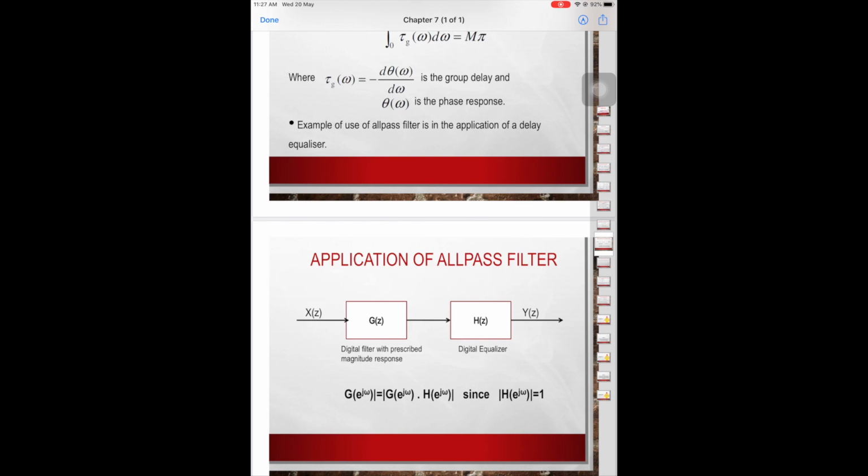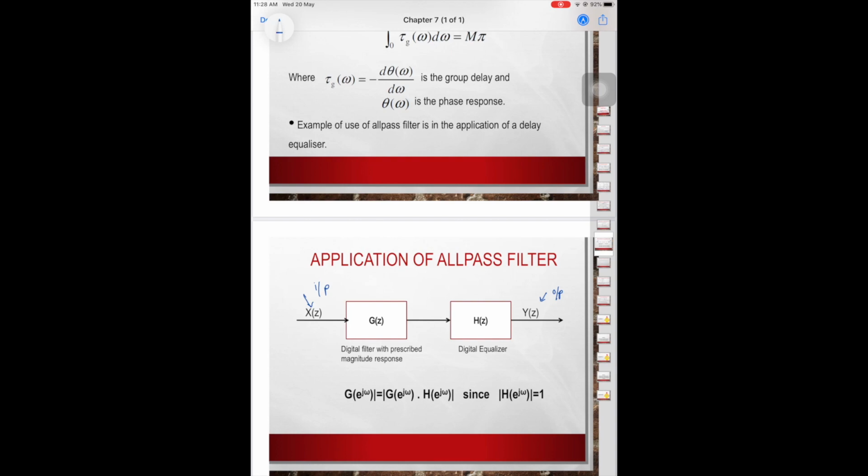We have an input X(z) and an output Y(z). Our input goes to a digital filter with prescribed magnitude response G(z), and then G(z) goes to the digital equalizer, indicated by H(z).